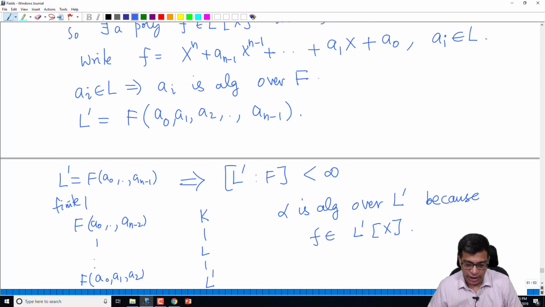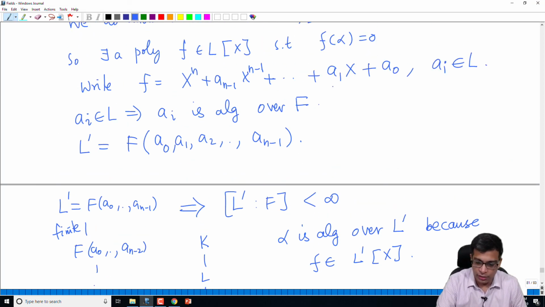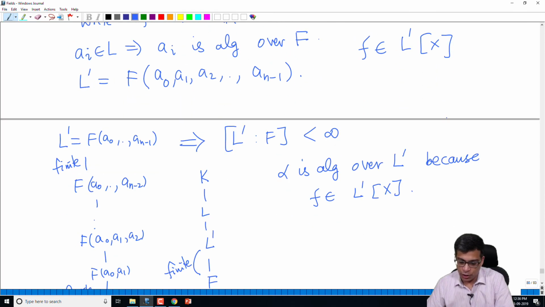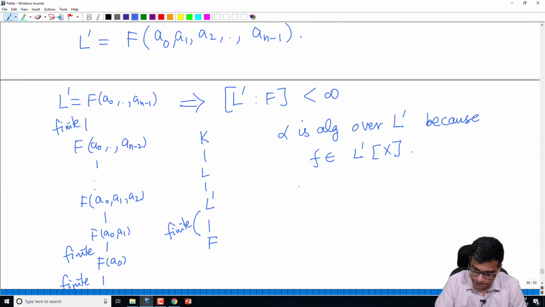Because L prime was constructed so that this f, whose coefficients are a priori in L, is in fact over L prime, because A0, A1, A2, up to An minus 1 are all in L prime. So it is algebraic over L prime, and hence L prime(alpha) over L prime is a finite extension.